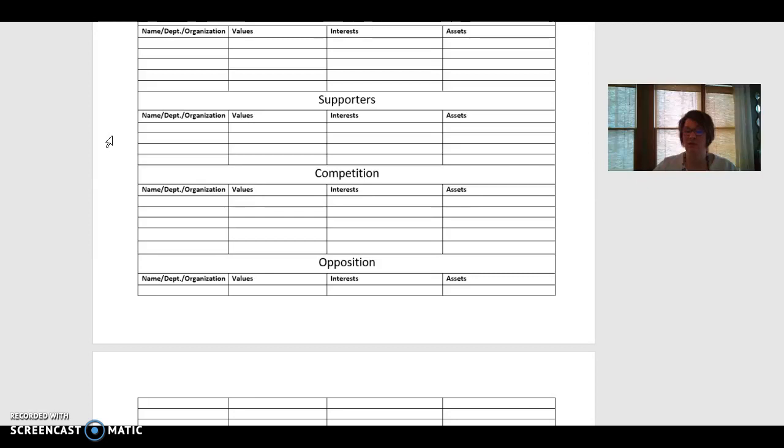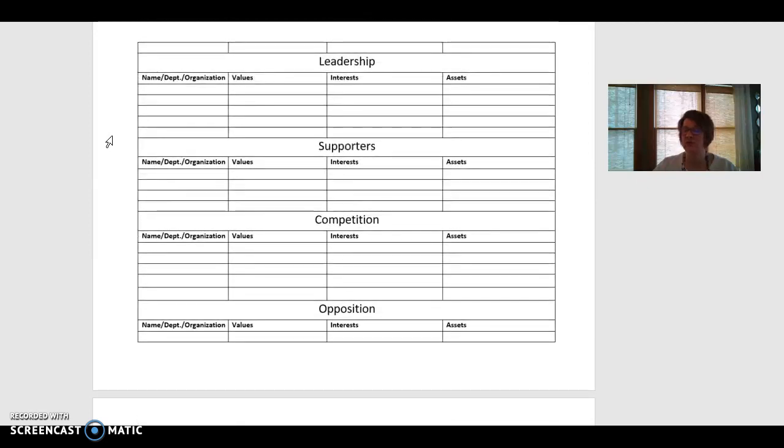If you have any questions about doing the stakeholder map, this is thinking about who needs to be involved, where they fall within the different categories, and looking at their values, interests, and assets to see how you can engage those folks wherever they fall on the spectrum in population health practice.